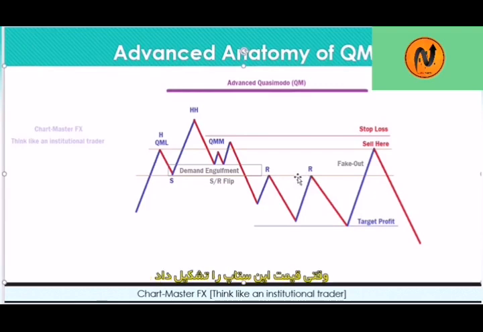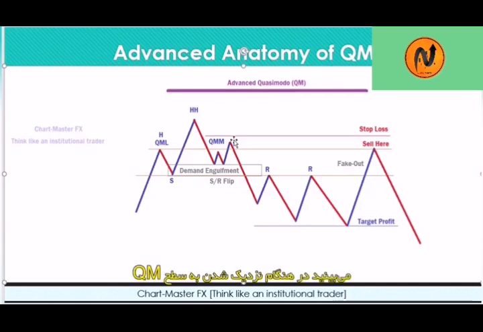Once the price actually made this setup, you can see that as the price returned to the QMM, which is the Quasimodo immediate, or when the price returned to the MPL of type 3, then that's the zone that we can place our trade, and we put our stop loss above the MPL.